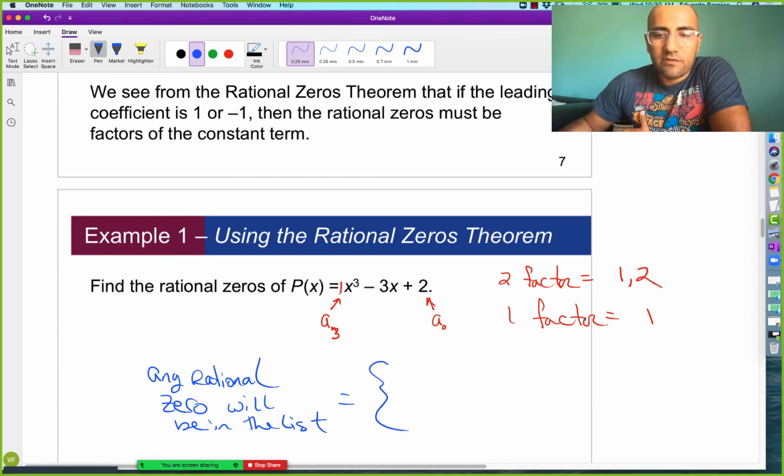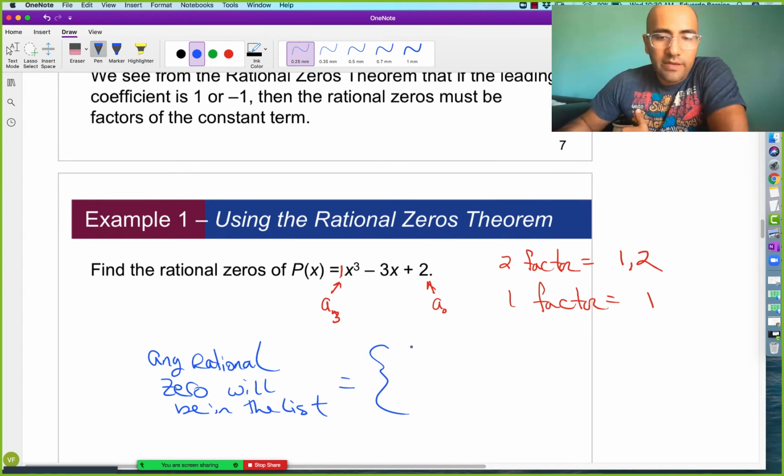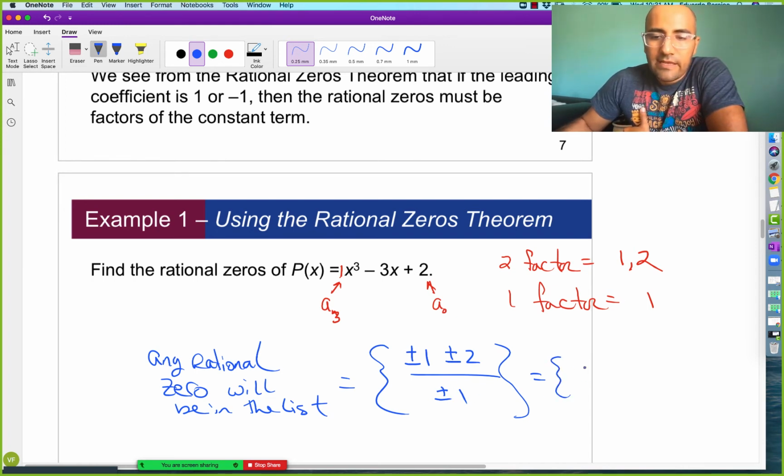So we create a list of suspects, and the suspects are going to be all the divisors of the constant at the end divided by all the divisors in the front. So it's every possible combination of plus or minus 1, plus or minus 2, divided by plus or minus 1. Right? So since it's just a 1, it really just ends up being any plus or minus 1, comma, any plus or minus 2.